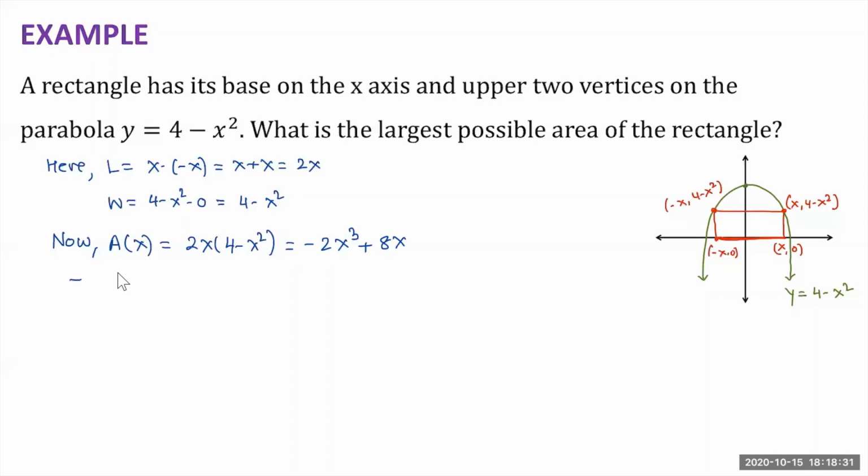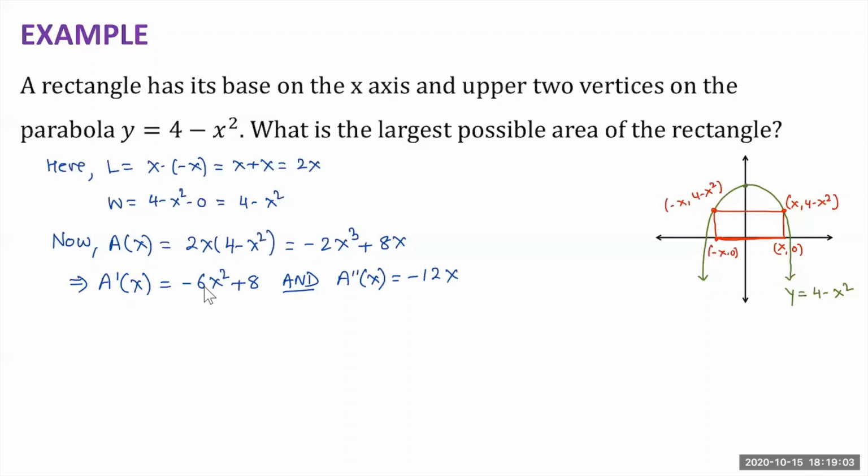The first derivative is 3 times 2, 6, so negative 6x squared, then plus 8. And the second derivative, A double prime of x, is the derivative of the first derivative. The derivative of 8 is 0. The derivative of negative 6x squared is negative 12x.